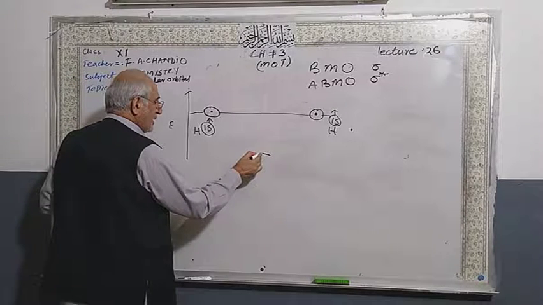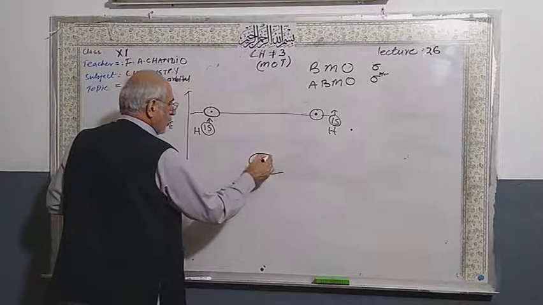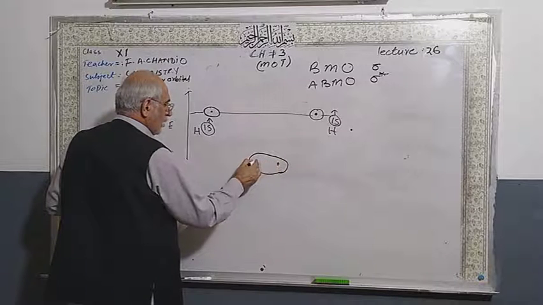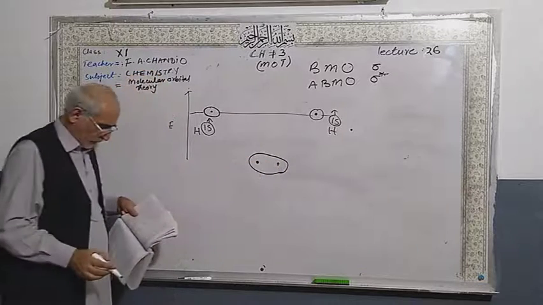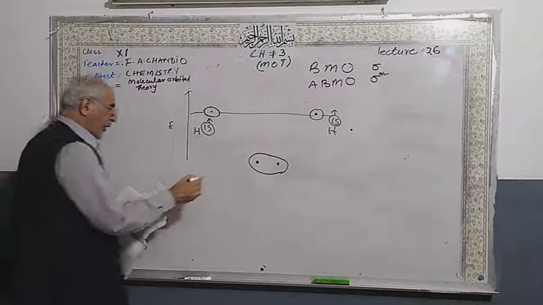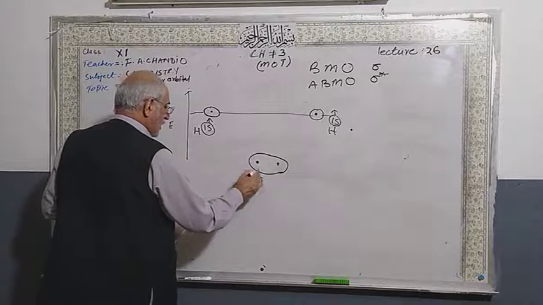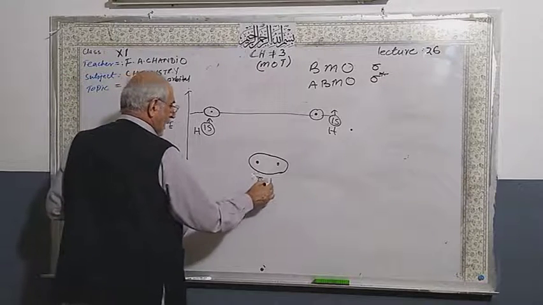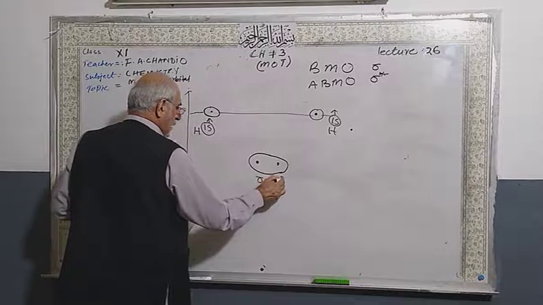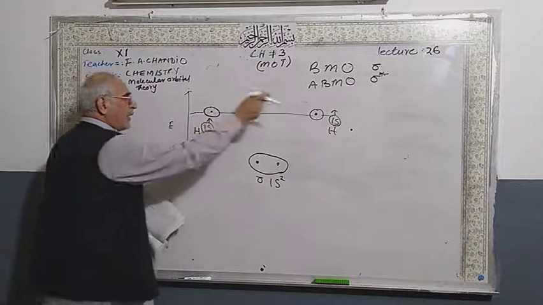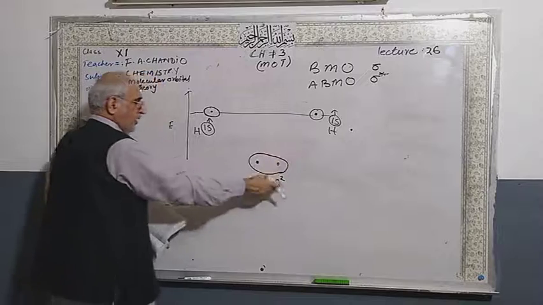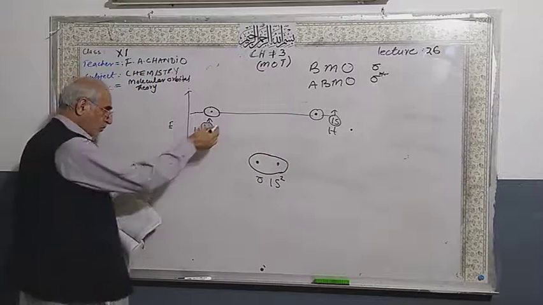This is called a bonding molecular orbital, a sigma bond, with 2s2: one electron from here, one electron from here.